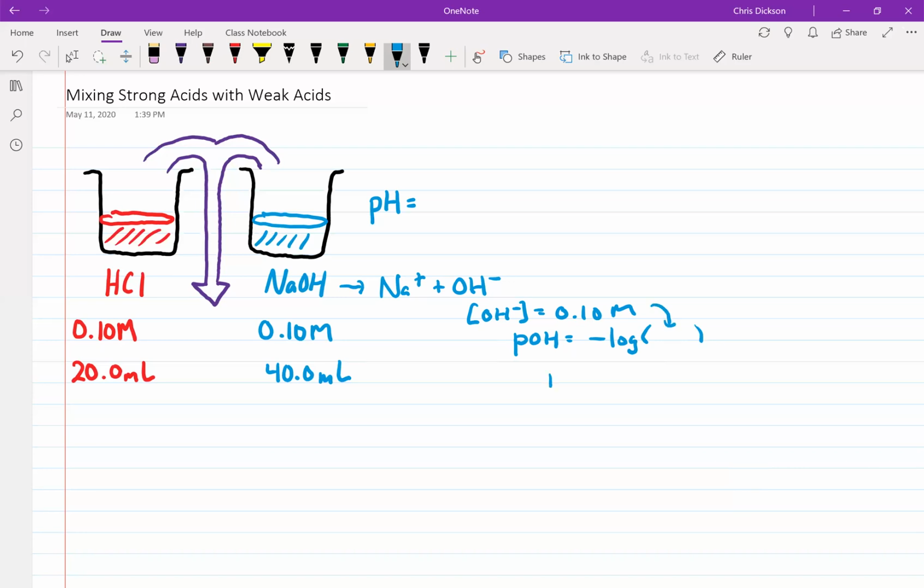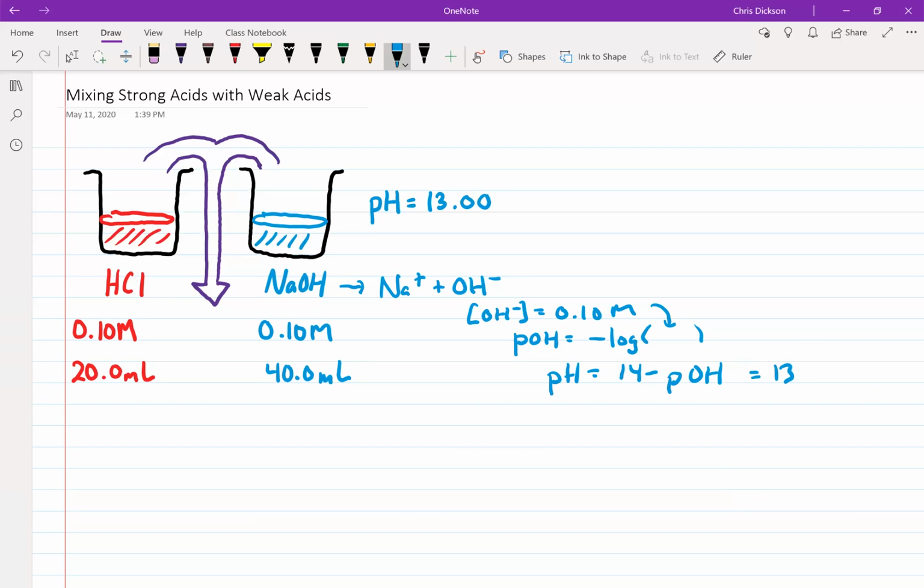Then to find the pH, we would do 14 minus the pOH value. Now you could do this question without a calculator because we are working in base 10, but just get used to using the calculator again. The negative log of 0.1 gives us a pOH of 1. So the pH would be 14 minus that number, which would be 13. So the pH of this would be 13.00 with sig figs.